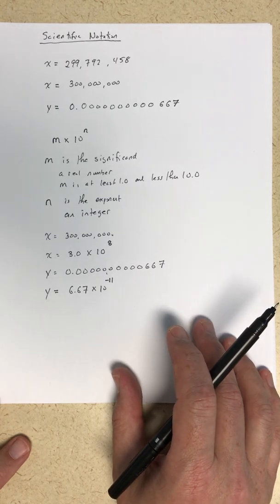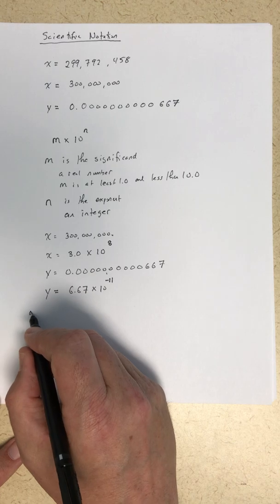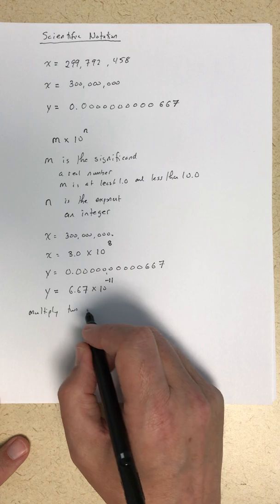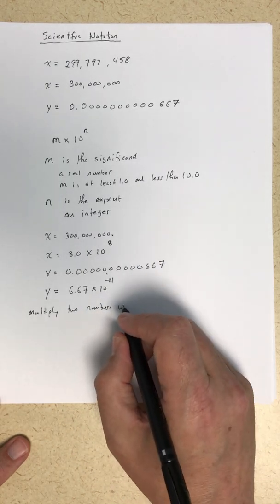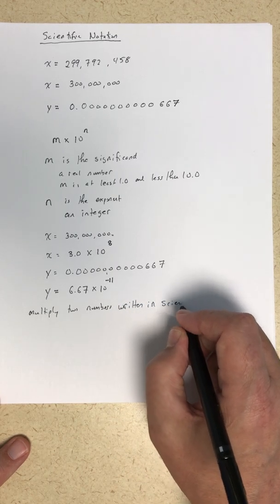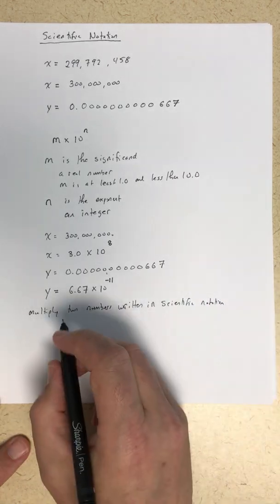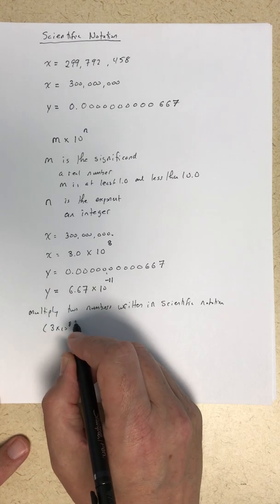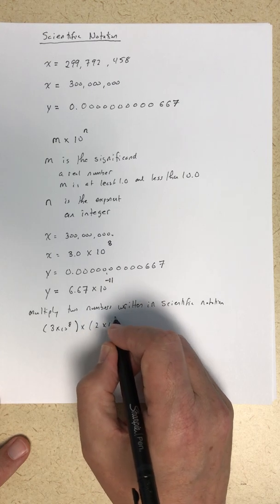Let's talk about how we can do operations. If we want to multiply two numbers written in scientific notation. So for example, I have 3 times 10 to the 8th, and I want to multiply that by 2 times 10 to the 7th.